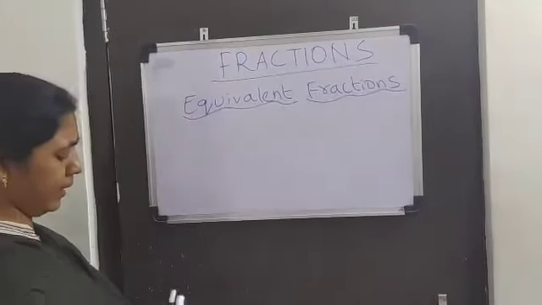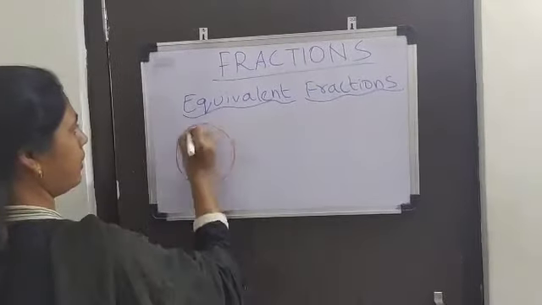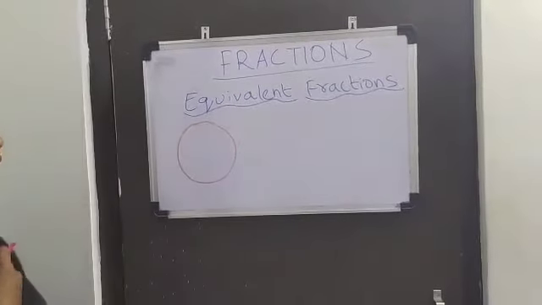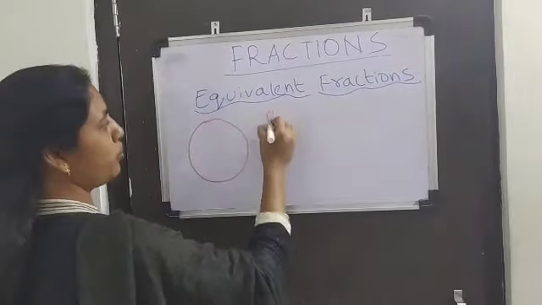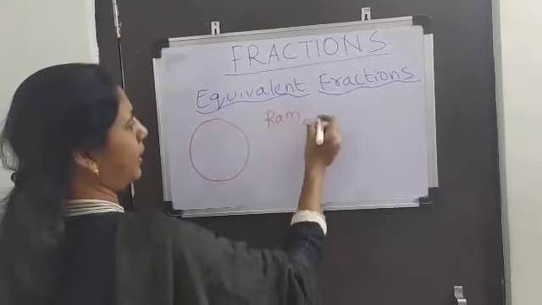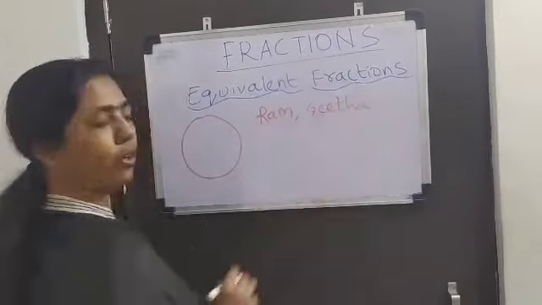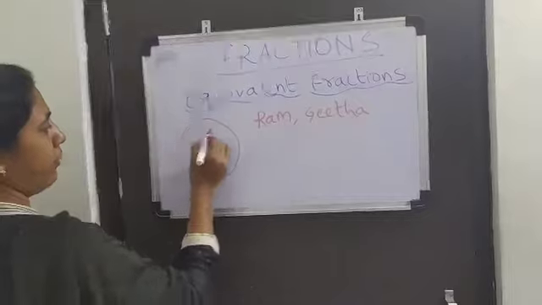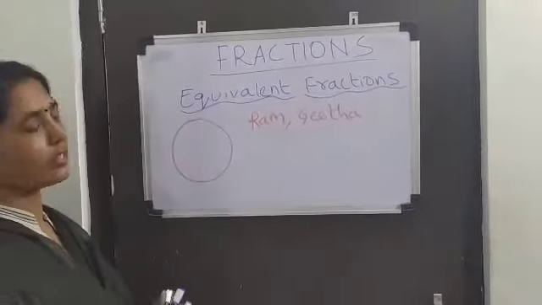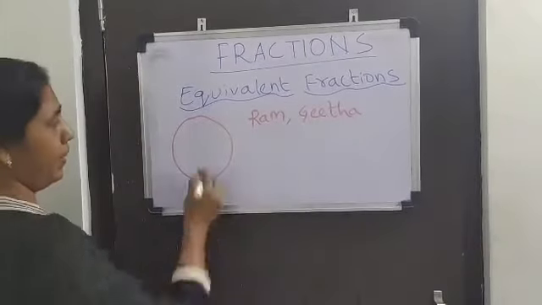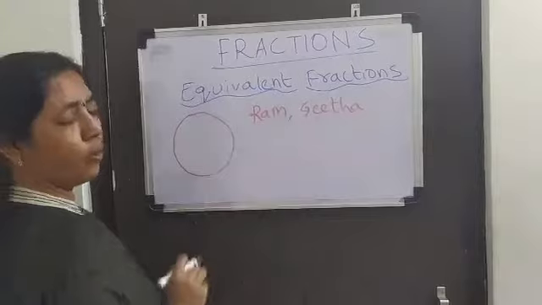Now what are equivalent fractions? Let's take the same example. Imagine I have 2 friends here, Ram and Geeta. Now imagine this is a fruit, an apple. Now this apple Ram and Geeta wanted to eat.